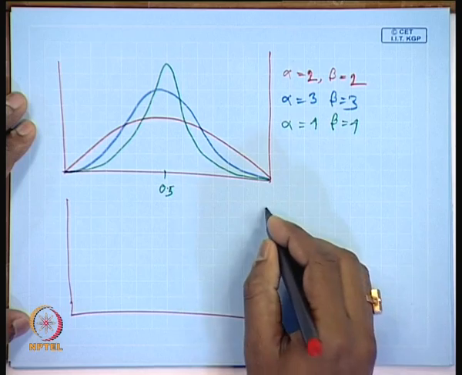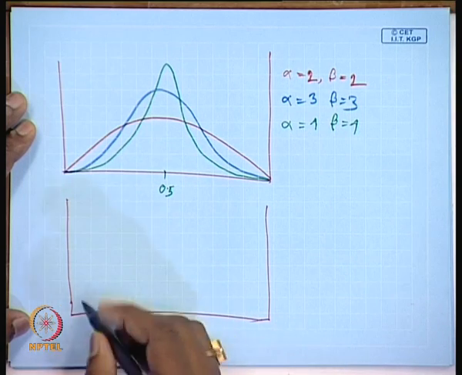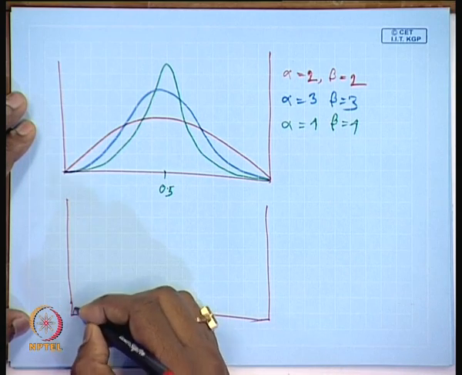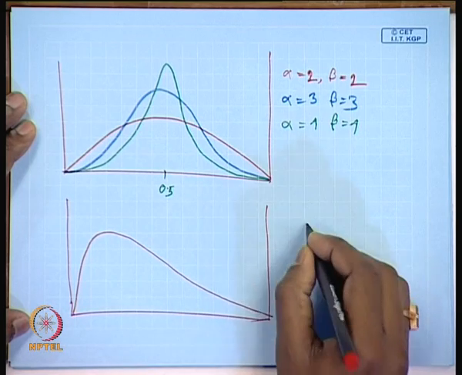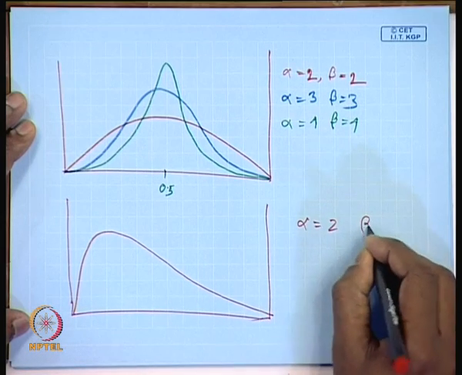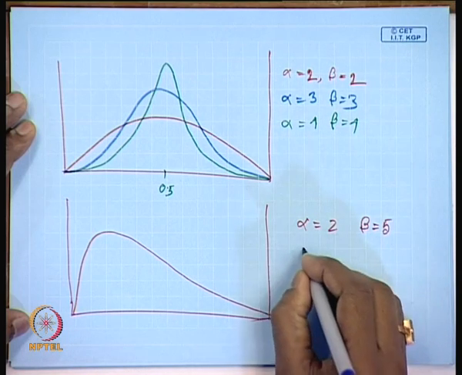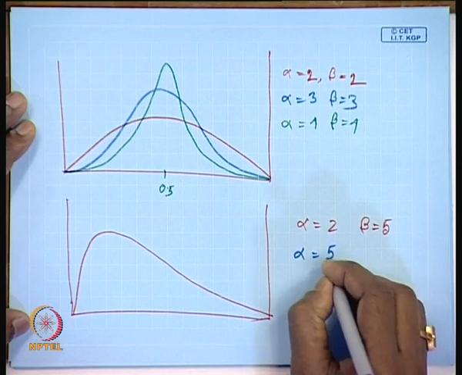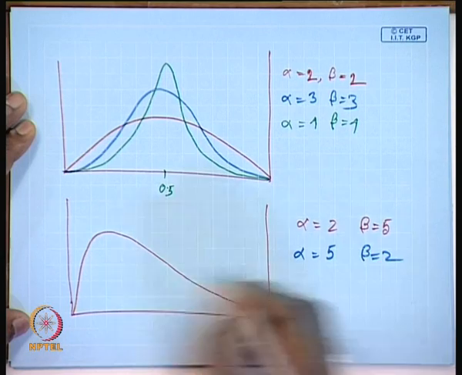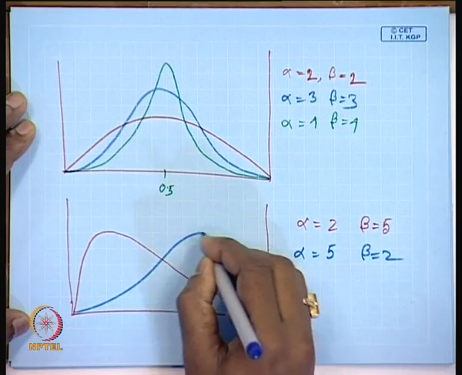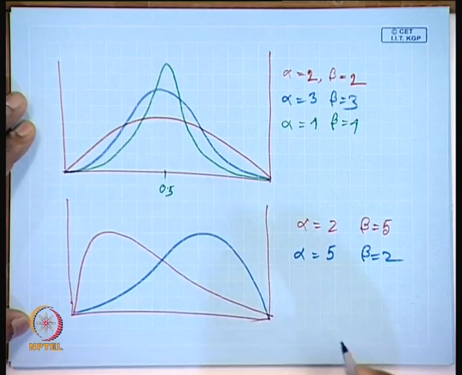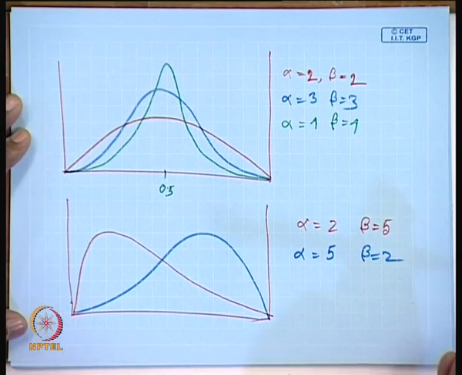So, what I am trying to say, the same plot, if I take a different frame here, what is shown is positively skewed like this for alpha equals 2 and beta equals 5. Now, if we take just the reverse, alpha equals 5 and beta equals 2, the distribution will approximately look like this, which is negatively skewed.